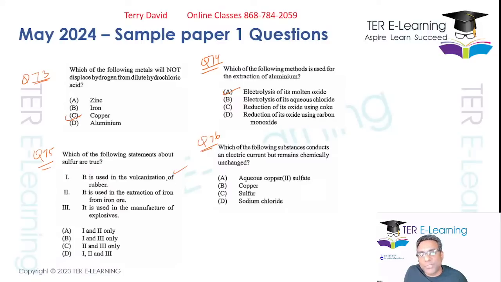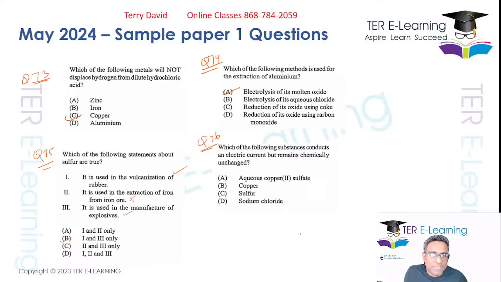Yep, we use sulfur to do that. Used in the extraction of iron from the iron ore. Nope, we don't use sulfur in that at all. Used in the manufacture of explosives. That is true. We use sulfur to make explosives, right? So I'd say 1 and 3, which is B. Yeah, I agree.